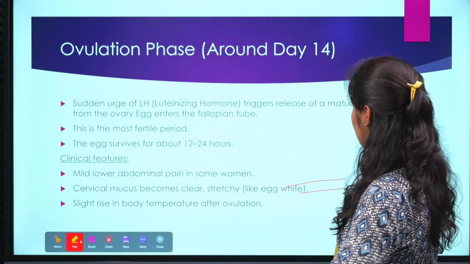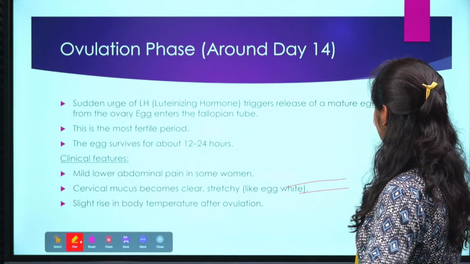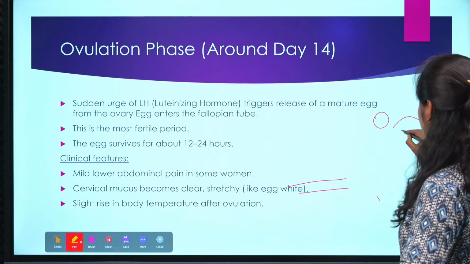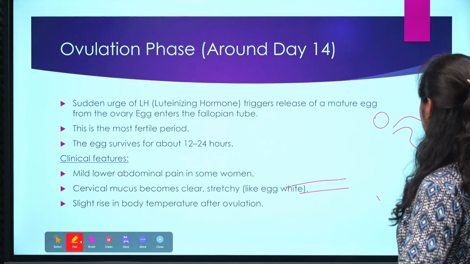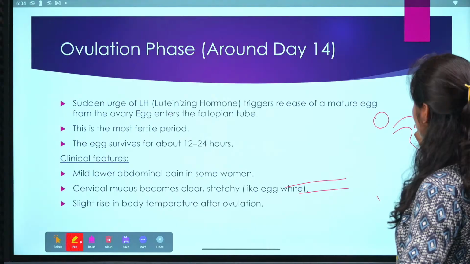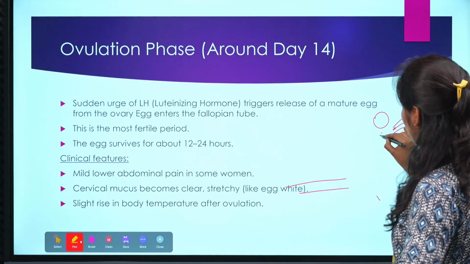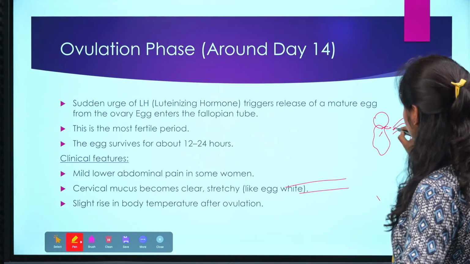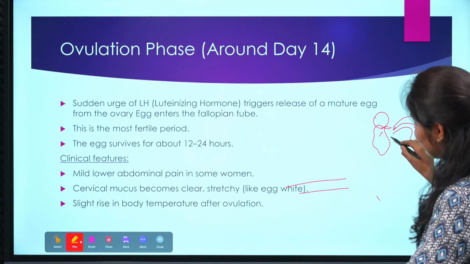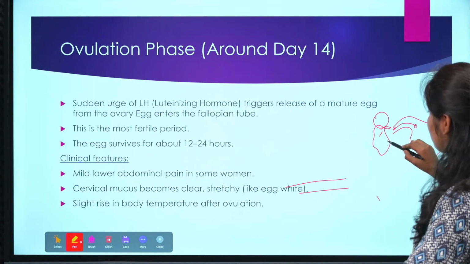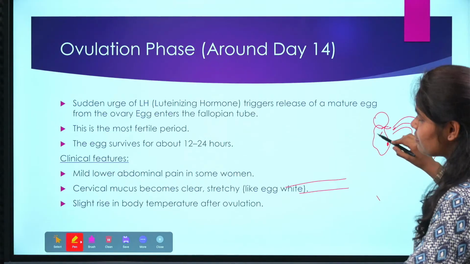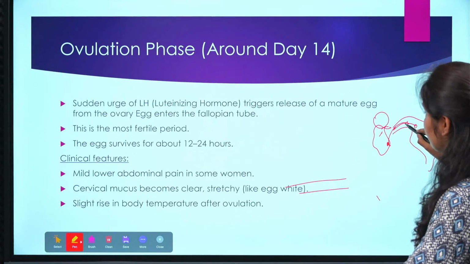The mature egg released by the ovaries is going to enter the fallopian tube.